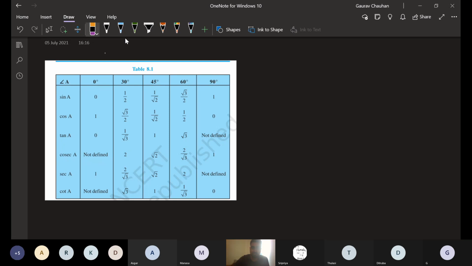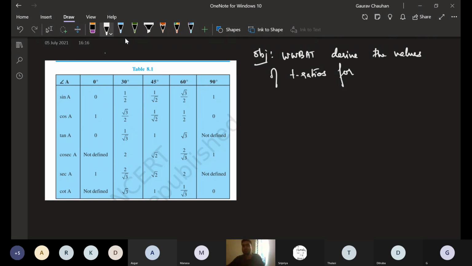So our objective today is that we'll be able to derive the values of t ratios for specific angles. Which specific angles? These ones only, the ones which we have already written.